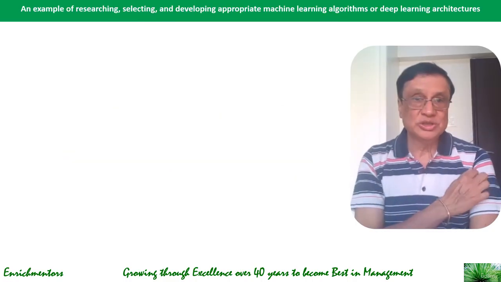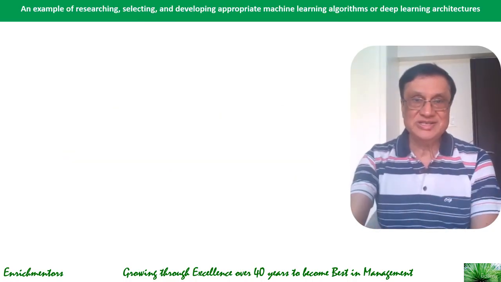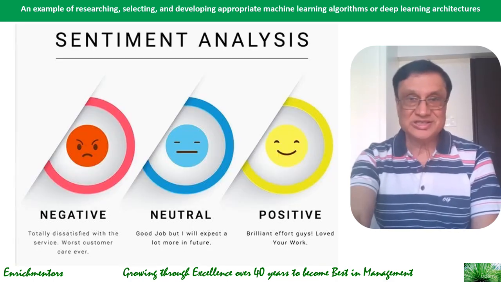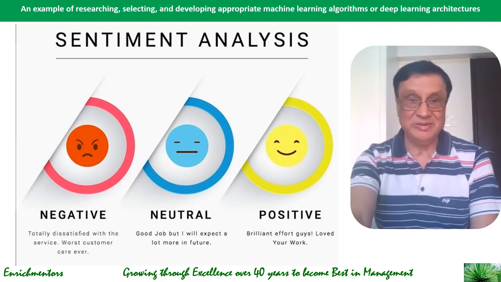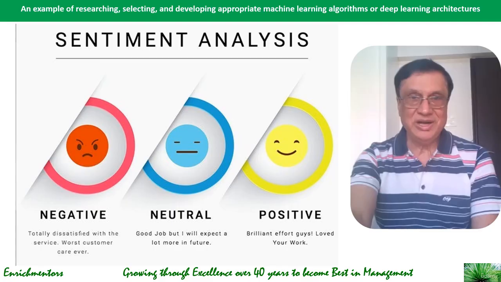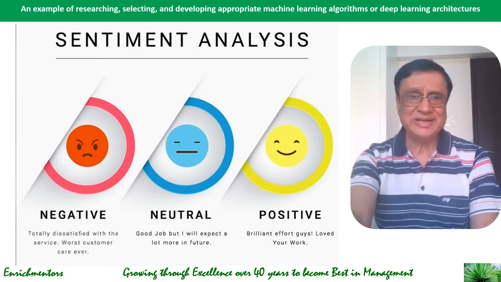So that was the whole story. By following these steps, this company could research, select and develop appropriate machine learning algorithms and deep learning architectures for sentiment analysis of customer reviews, ultimately building a robust and effective system for analyzing customer sentiments in real world scenarios.